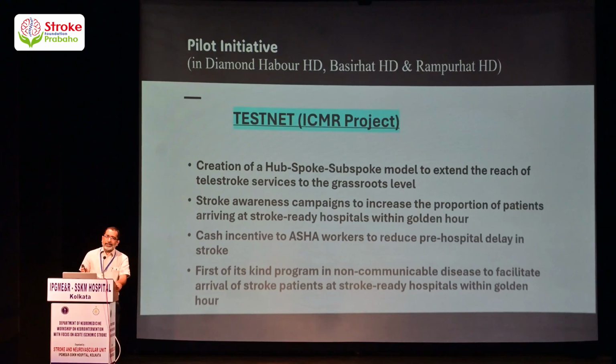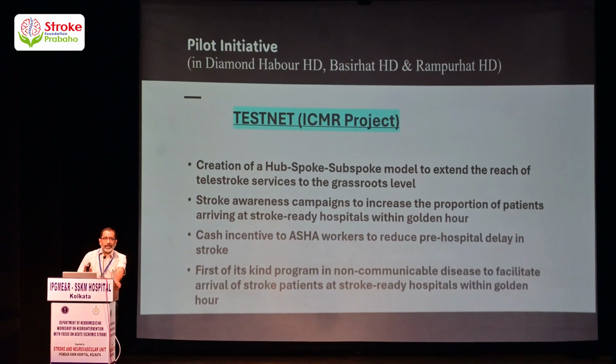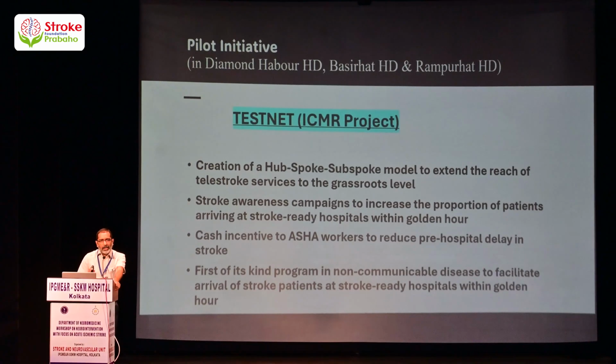We have now an ICMR sponsored project, TestNet, where we have selected 9 hospitals in West Bengal, and the 9 hospitals are divided in 3 arms. In arm A, there is telestroke program as well as intensive community level campaigning about early identification of acute stroke.